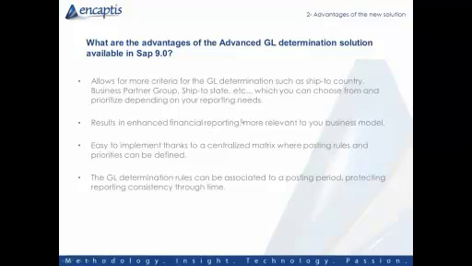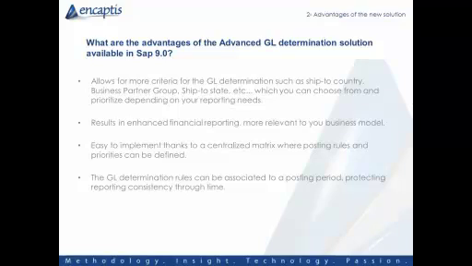What is the state? That could be a trigger for a different GL determination. Then you can prioritize the criteria. What is the most important for you in your business analysis, and what are your reporting needs?